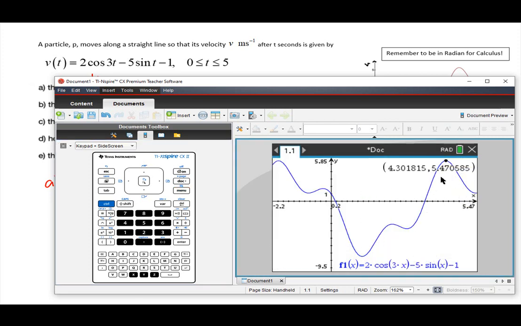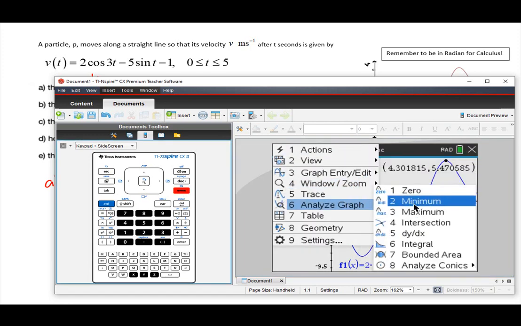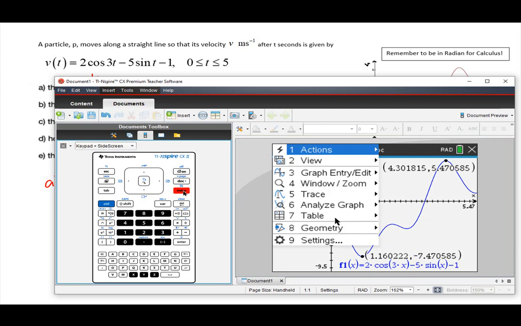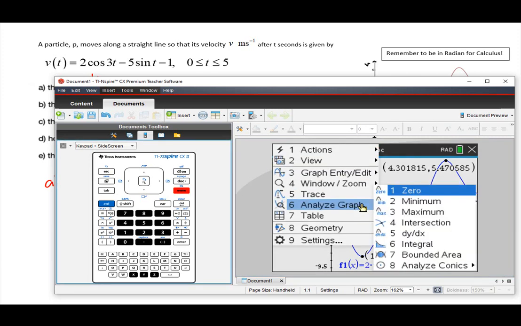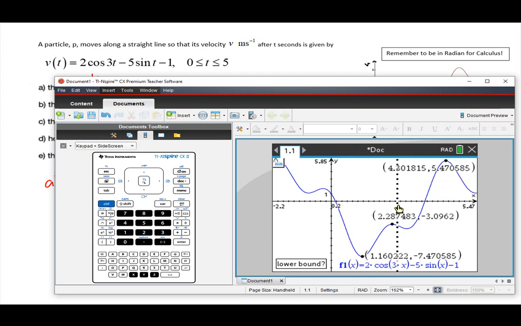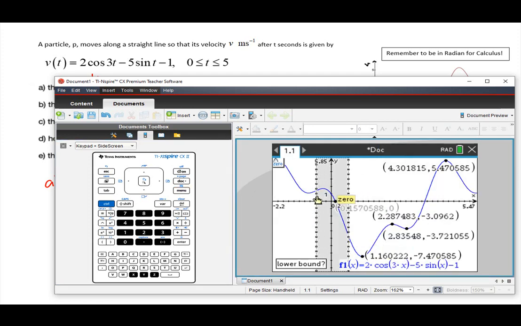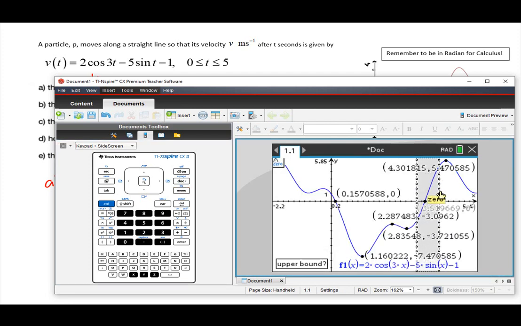Here's the maximum point. We've got a minimum right here. Another maximum right here. Another minimum. And we're probably also going to need these x-intercepts, so I'll find these zeros. There's another zero right here. Typically these are the points that we need.